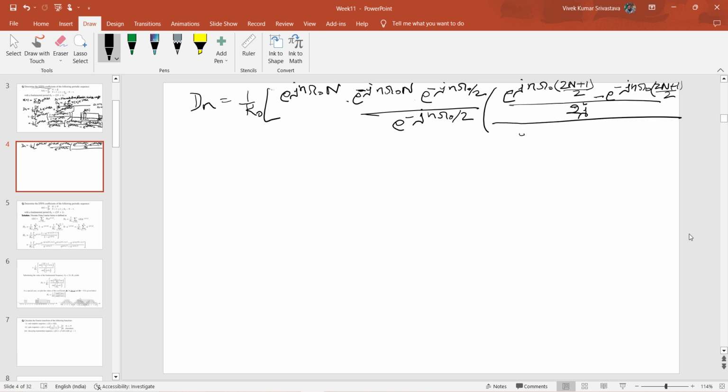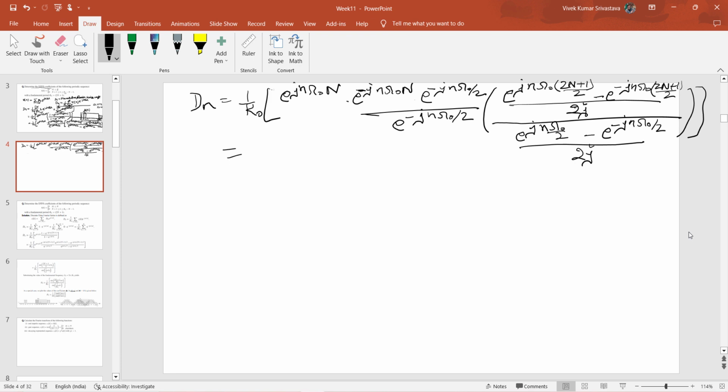Similarly, in the denominator, we can write it as e raised to the power j n rho naught by 2 minus e raised to the power minus j n rho naught by 2, divided by 2j. The 2j will cancel from both numerator and denominator, so this will not affect the previous expression.